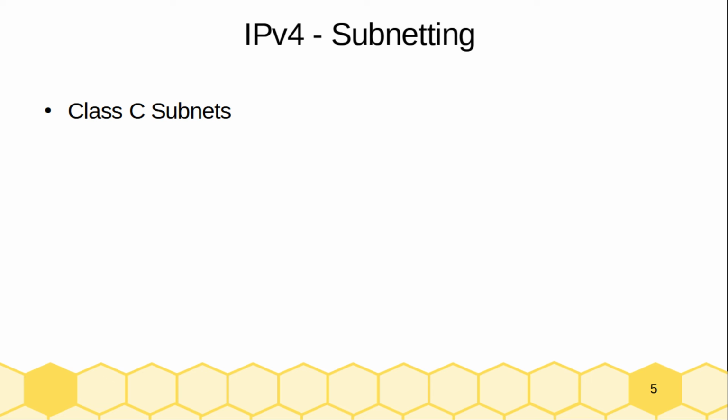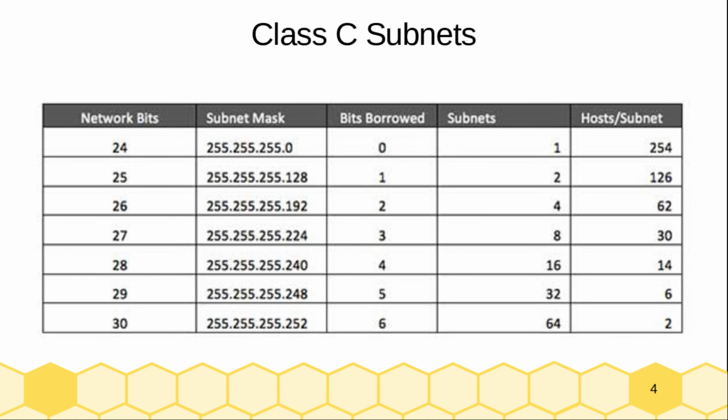In class C subnets, class C IP addresses are normally assigned to very small networks because they can only have 254 hosts in a network. Given below is a list of all possible combinations of subnetted class C IP addresses: network bits, subnet mask, bits borrowed, subnets and hosts per subnet.